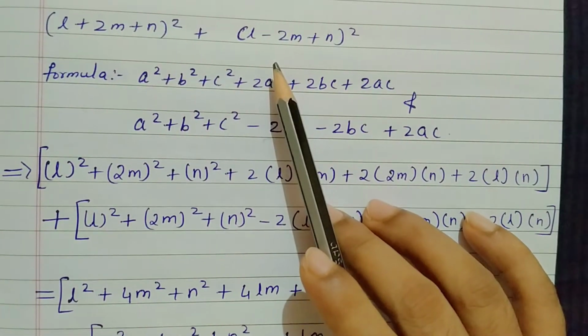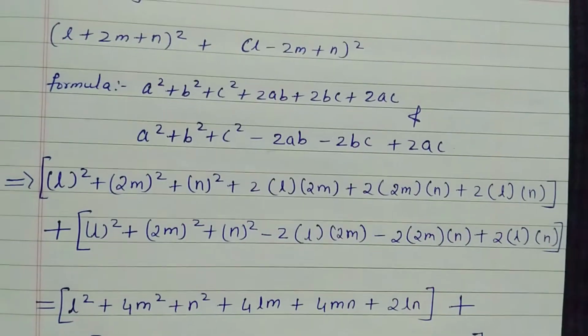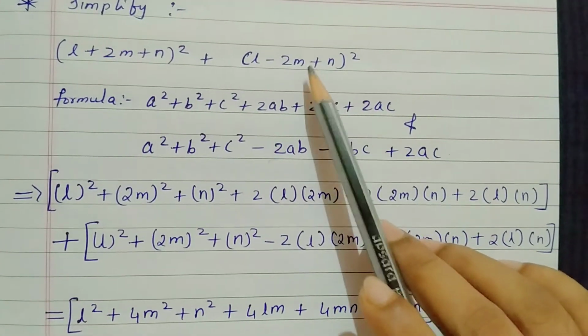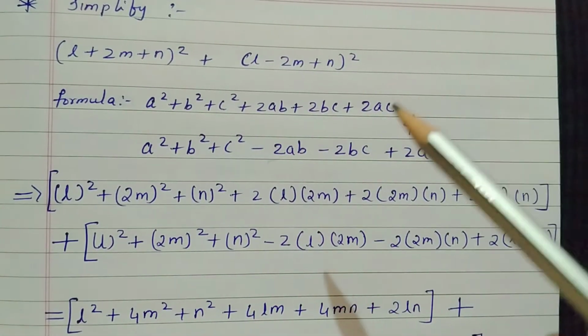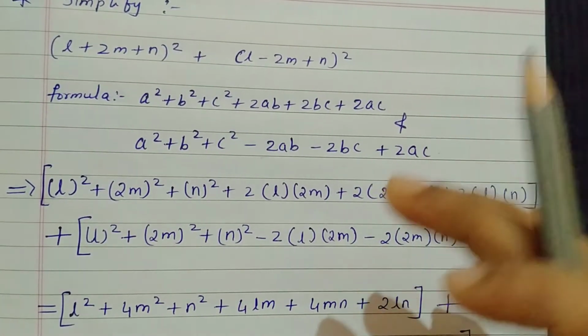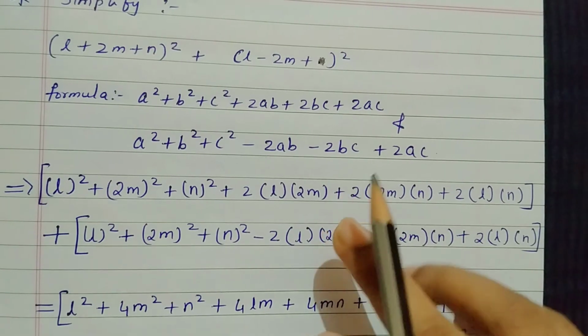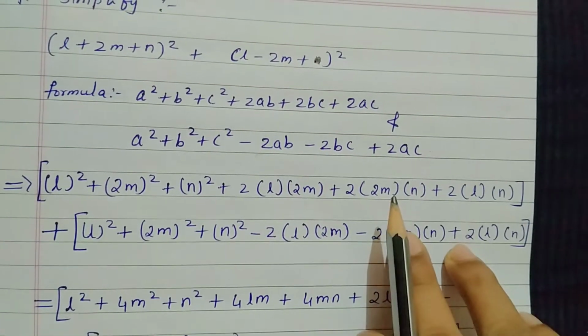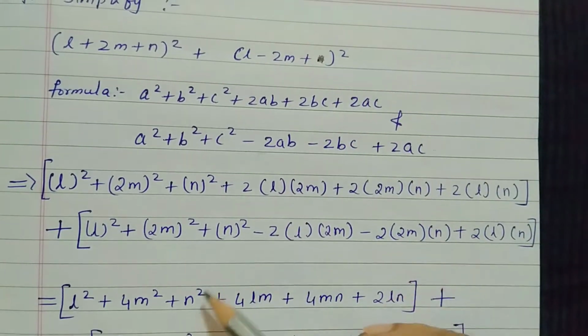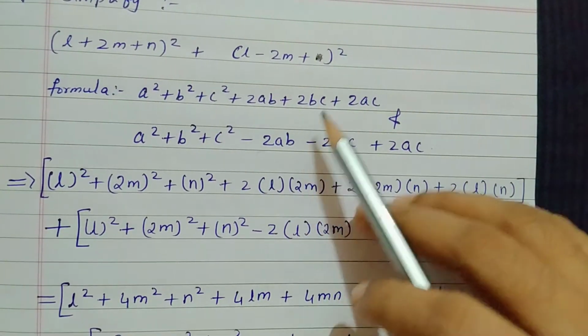So whenever you are getting minus in the sum, first you try to use the formula and do the problem. So you will get where to put the minus sign. Now we are going to simplify it by using these two formulas.